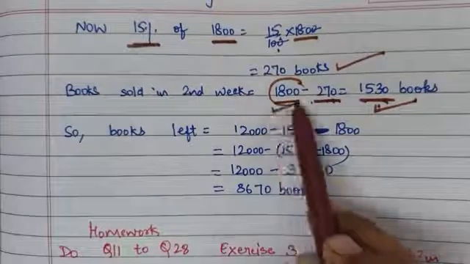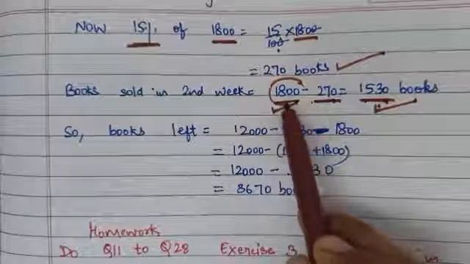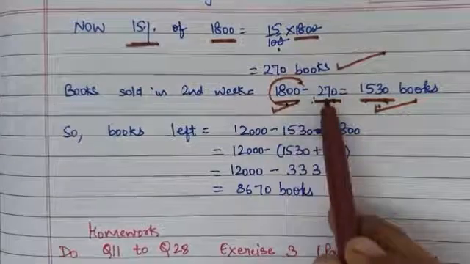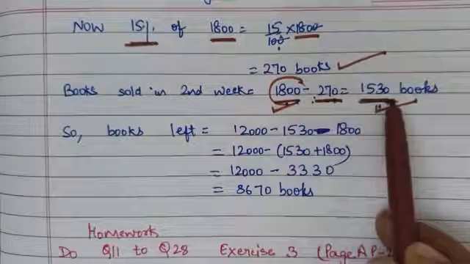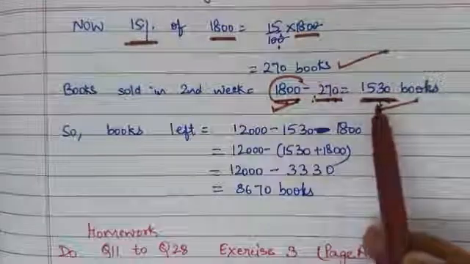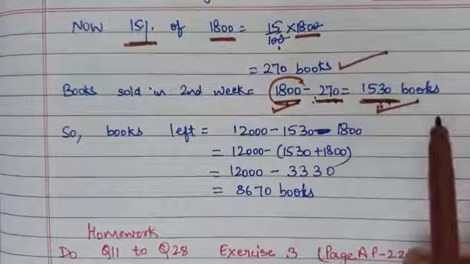So the number of books sold in the first week minus 15% of that gives you the number of books sold in the second week of April.